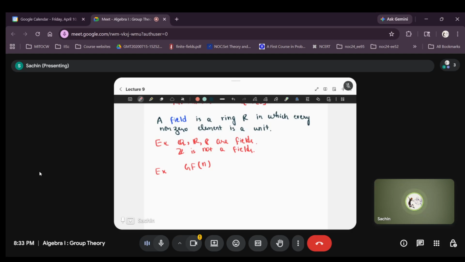And it turns out that finite fields can have only particular sizes, and all finite fields of the same size are isomorphic in the sense of fields. So we saw homomorphism in groups. Homomorphism did not require the function phi to be bijective.